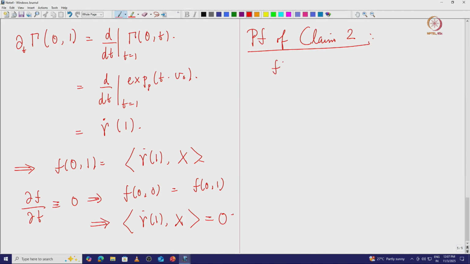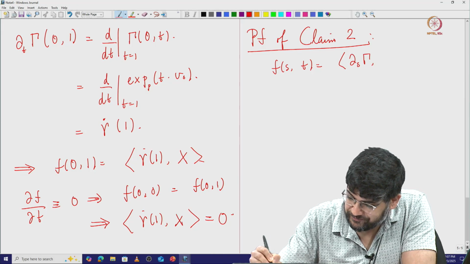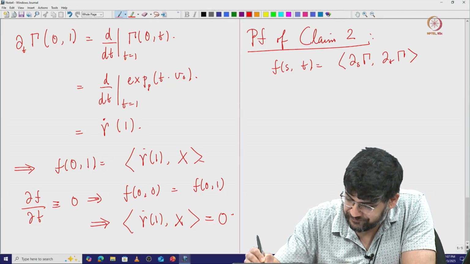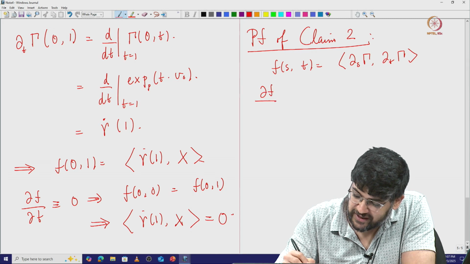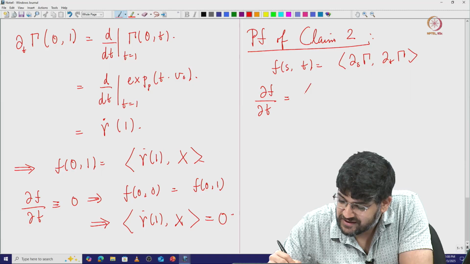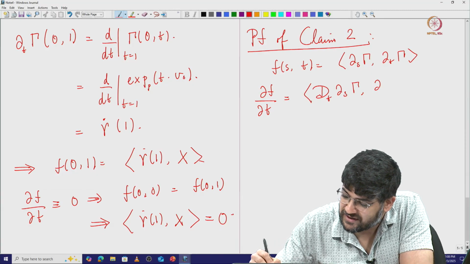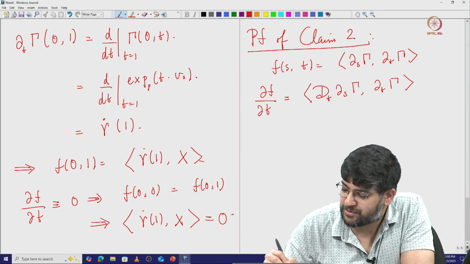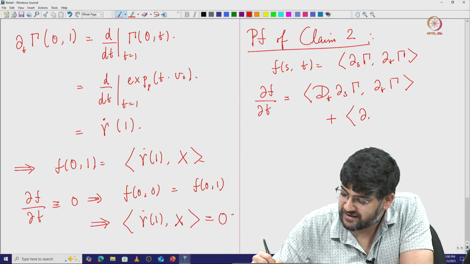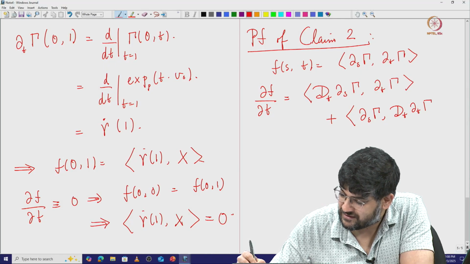So recall that f of s comma t was this. So let us just differentiate in time. Because it is a metric connection, this is going to be dt del s gamma times del t gamma plus ds gamma times this.